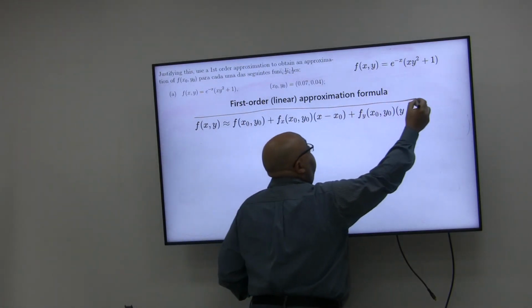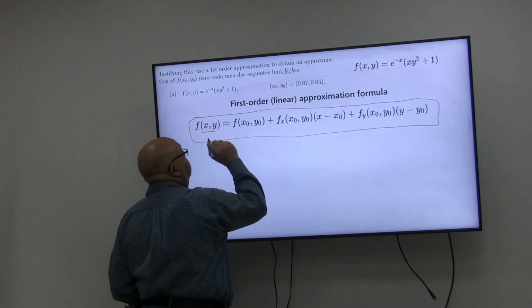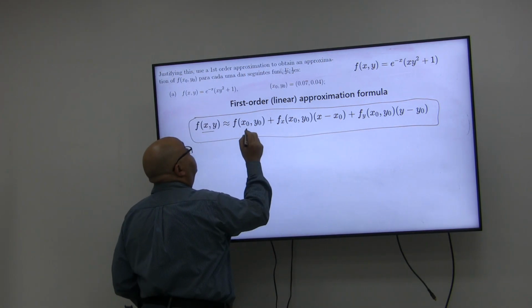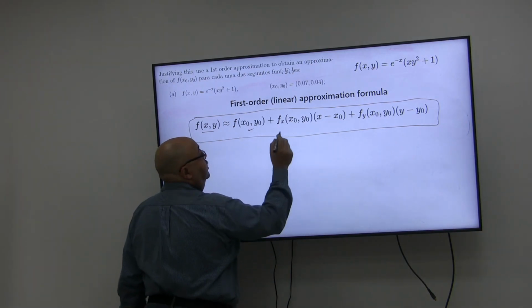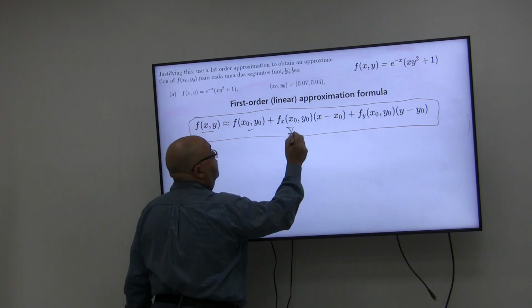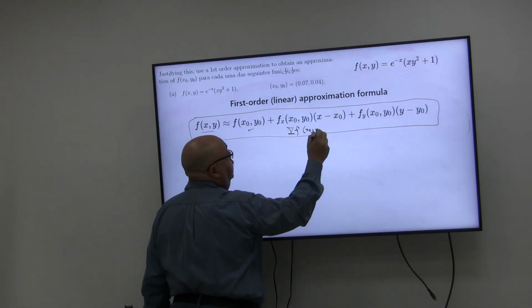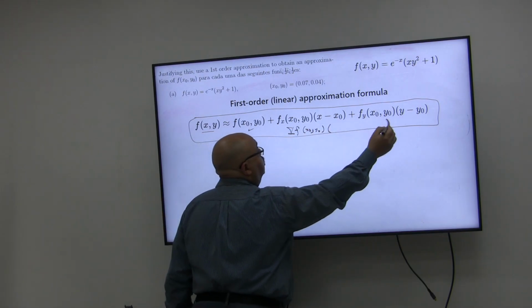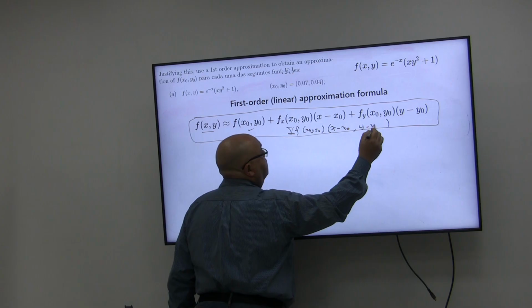This is approximating the equation of a function in the neighborhood of x node, y node. If you remark, this is going to be the gradient vector of f at x node, y node, times the position vector x minus x node, y minus y node.